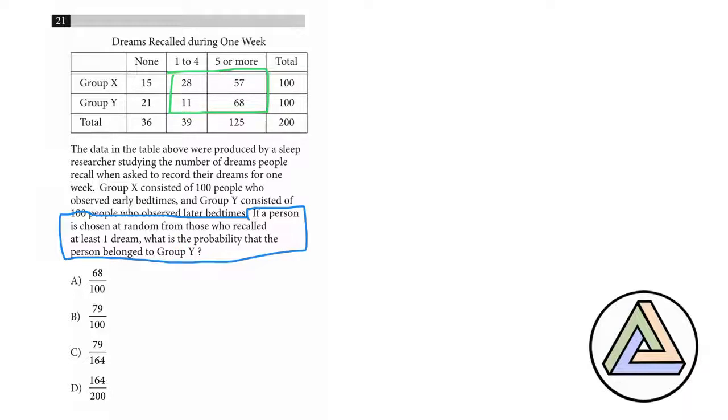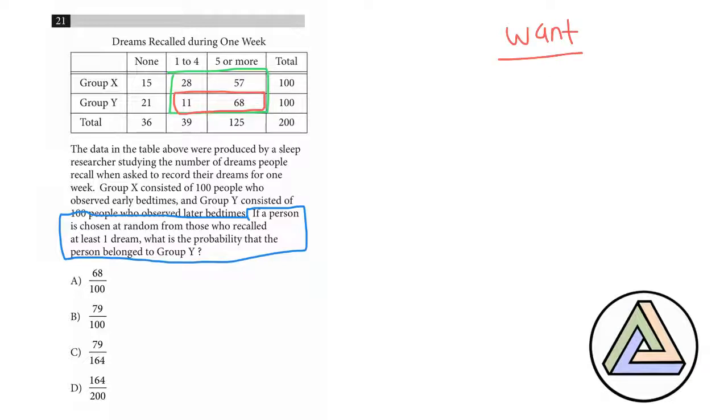What's the probability that the person belonged to group Y? Well, group Y is the sum of these two, right? These people and these people belong to group Y, so I'm actually going to put a box around them as well. And we want to know what's the probability that this is the case out of all of this. Well, probability is want over possible.